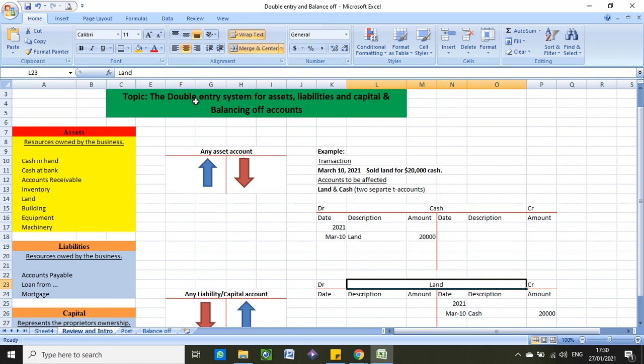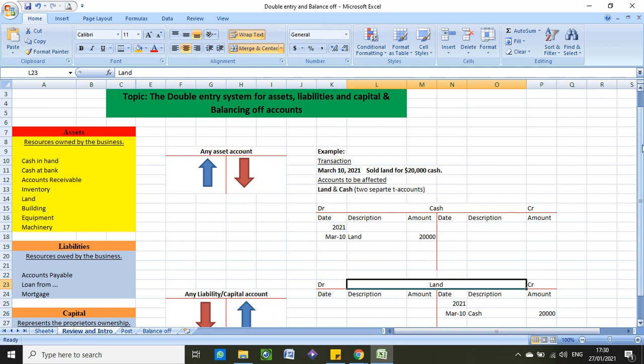In addition to that, the double entry system says that from these two accounts affected, one must be debited and the other one must be credited. Every single transaction works like that. Each transaction must have two effects, and one entry should be a debit and the other one should be a credit, regardless of the category or type of account. So you can have an asset and a liability, or an asset and capital, but the rule remains: you need to debit one and credit the other.